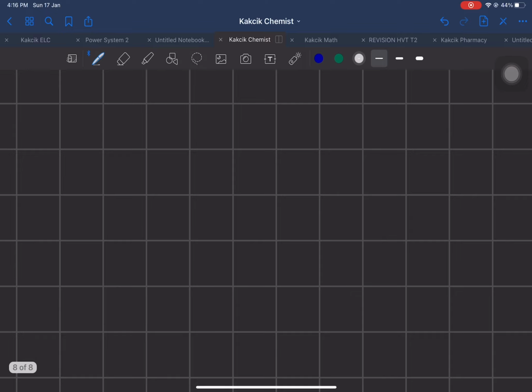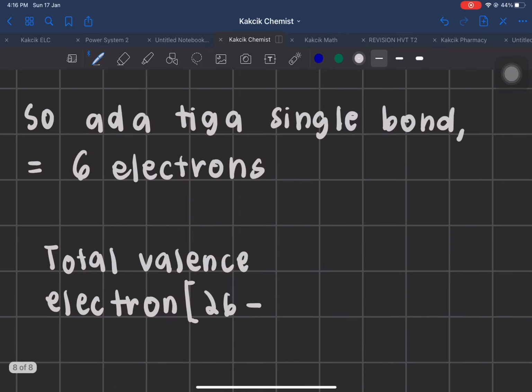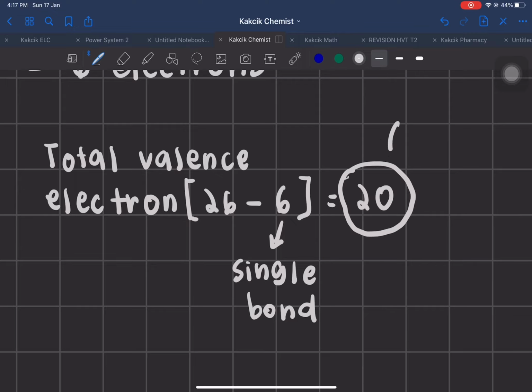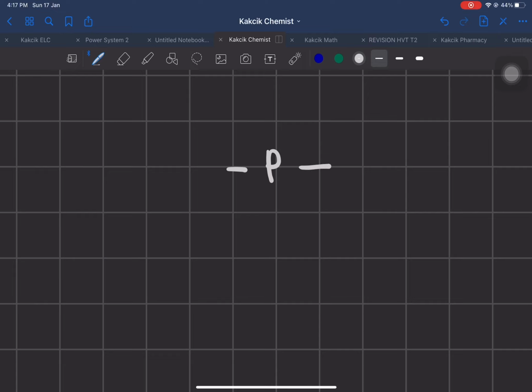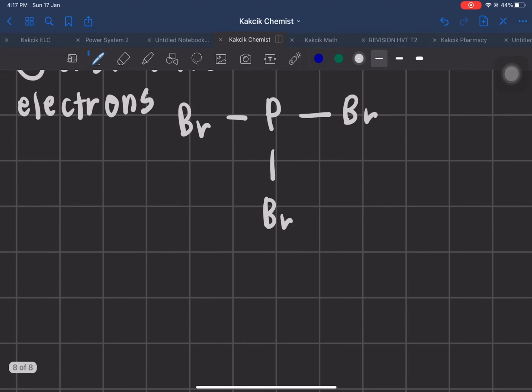Jadi daripada total valence electron tu kan ada 26 kan. So we minus the 6 electrons of the single bonds. So the remainder of that is equal to 20. Jadi 20 elektron lagi yang kita perlukan untuk dimasukkan dalam Lewis structure ni, untuk bagi jadi octet rule. Okay, faham tak?